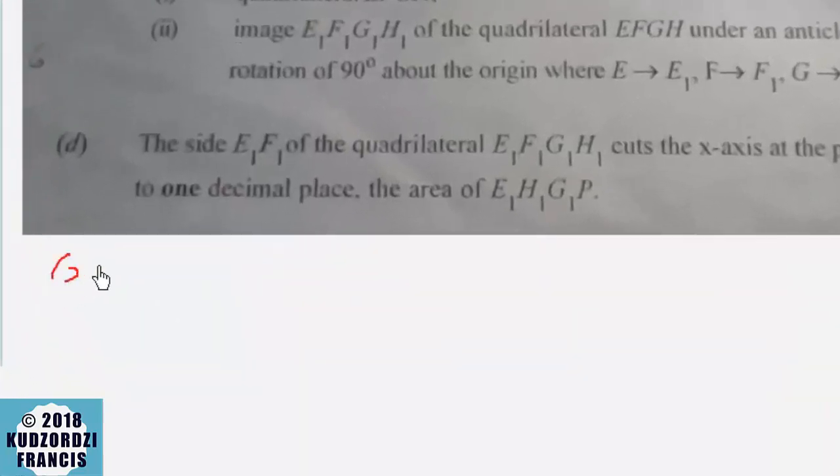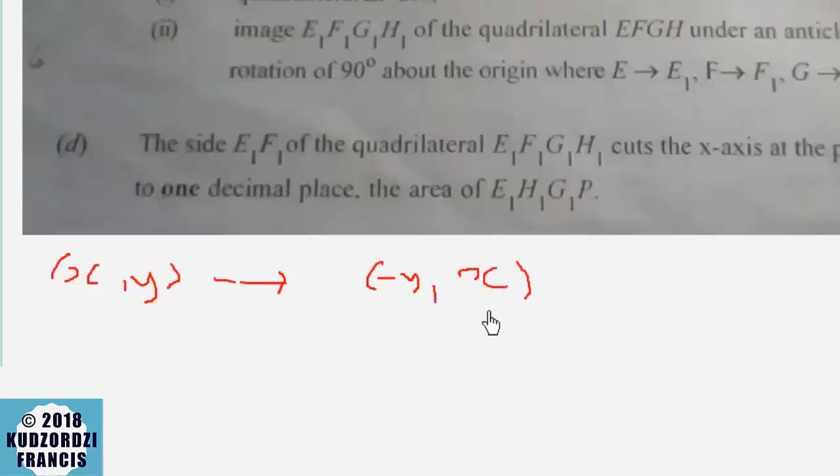So you know that the mapping for anticlockwise rotation of 90 degrees is that (x, y) will map onto (-y, x).